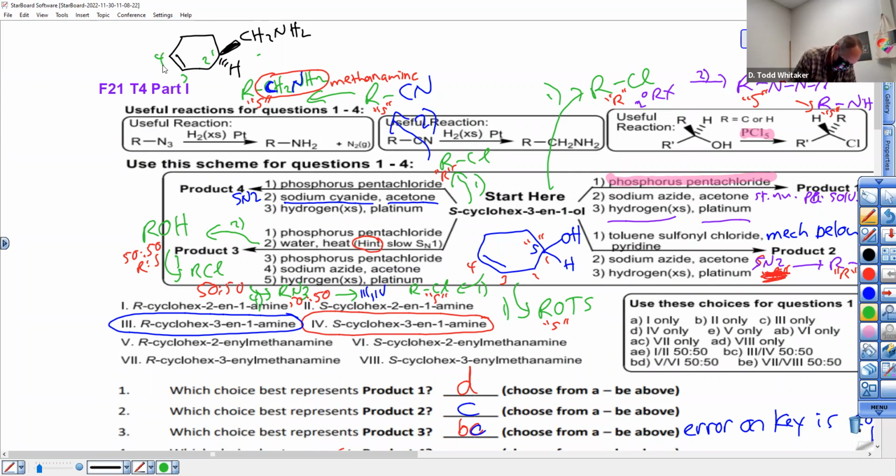So the ene is between 3 and 4. So we're talking about, it's S, correct? And I'm liking this one. Shouldn't circle it with that one. And is that correct on the key?